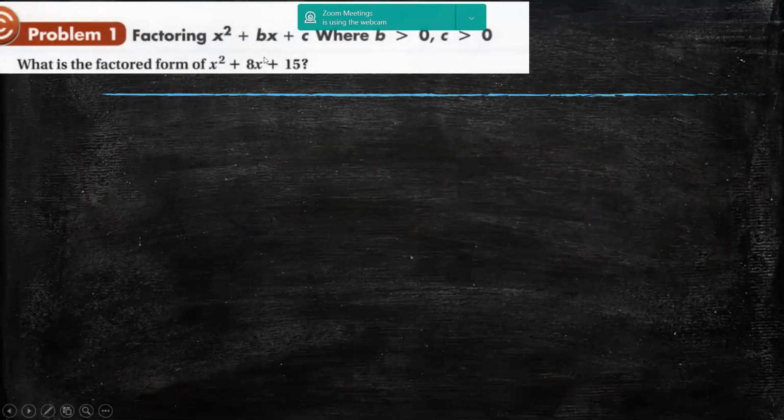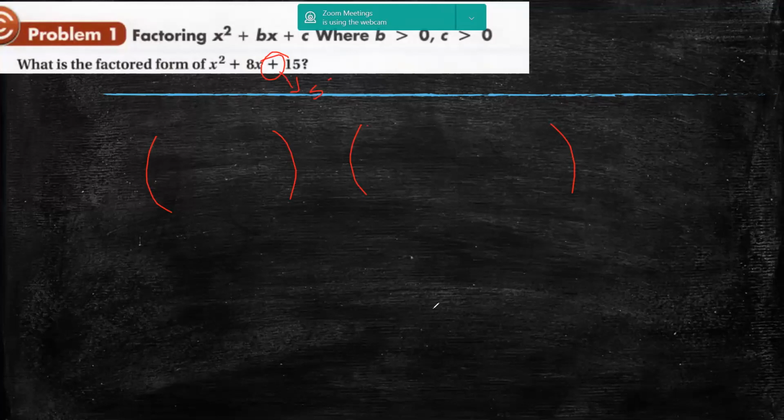Then we look at the sign of c. If the sign of c is positive, that means they have the same sign. Then look at the sign of b, it is a plus. That means we have same pluses.